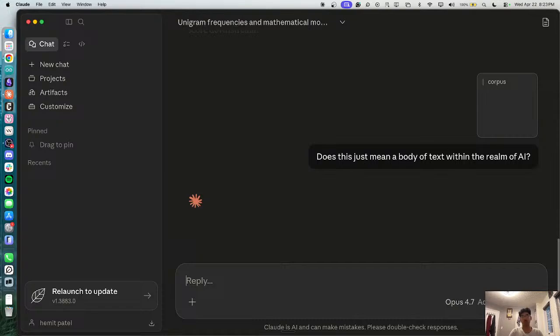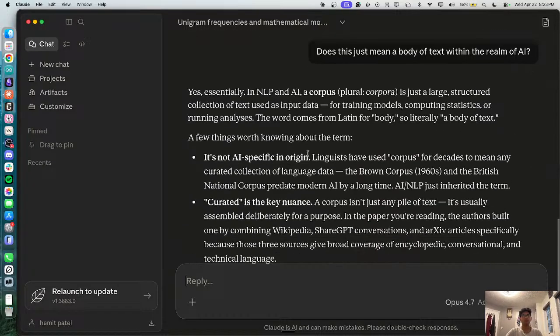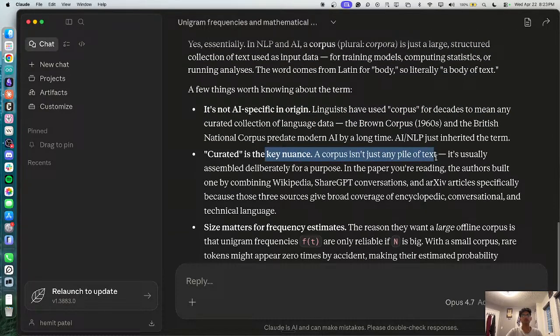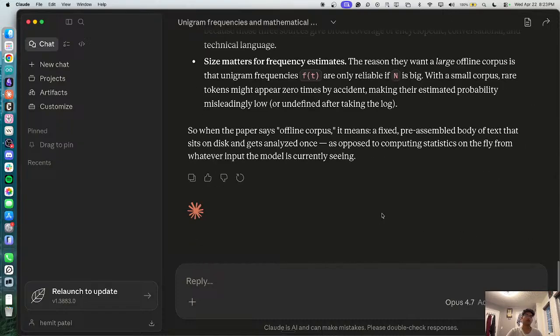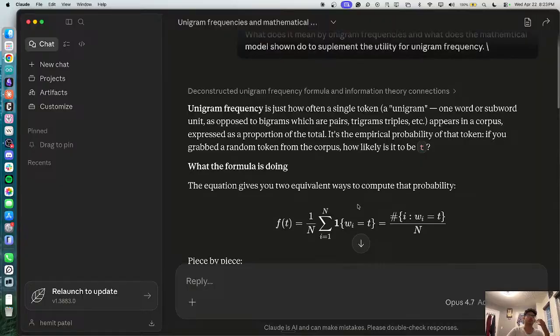I'm pretty sure that it does, but you can never be too safe. Okay, so it's basically a body of text which is specifically made. I did not know that nuance. The more you learn.